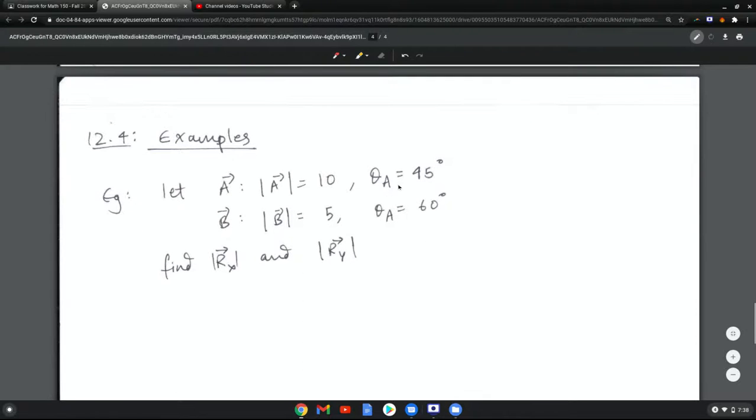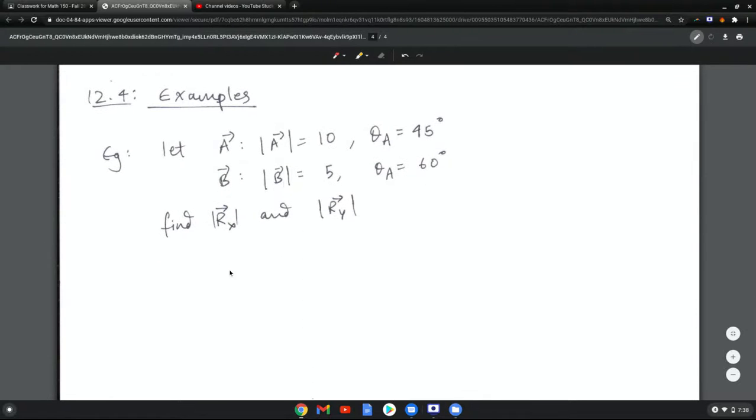That same vector, we change the angles. In this case, we're going to have to use the calculator. To find Rx and Ry, I first need to find Ax, which is 10 cosine 45.